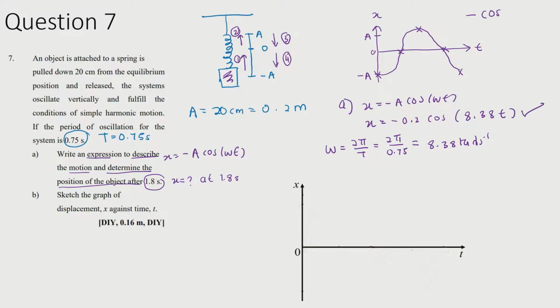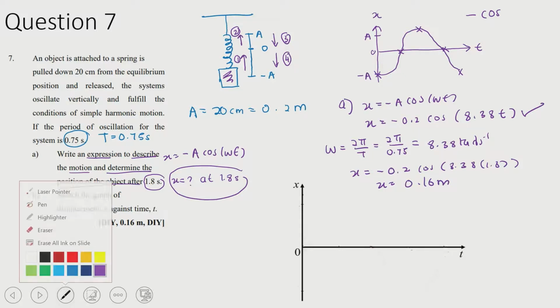Now, kita kena cari x at 1.8 second. Jadi, awak substitute sahaja awak punya time dengan 1.8 second. So, bila awak dah substitute dengan 1.8 second, awak akan dapat satu jawapan, which is 0.16 meter.